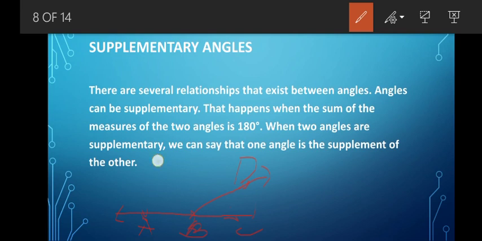The example, ang value ng ating isang angle is 115 degrees and 65 degrees. So pag pinag-combine natin yung dalawang given ay magiging equal to 180 degrees. So therefore, these are supplementary angles.